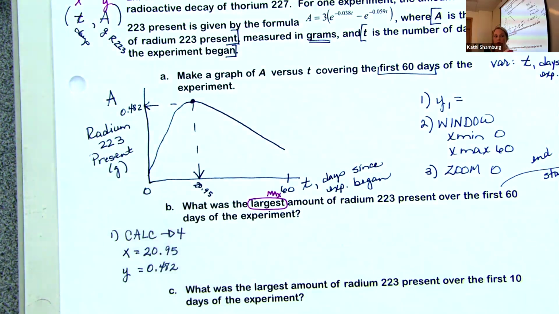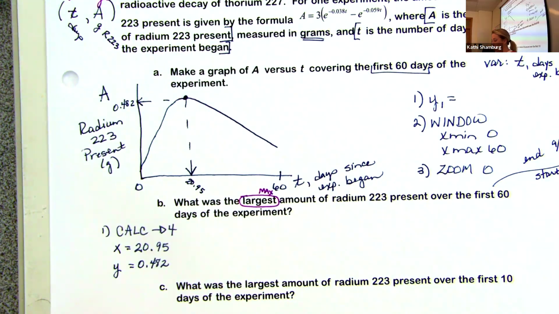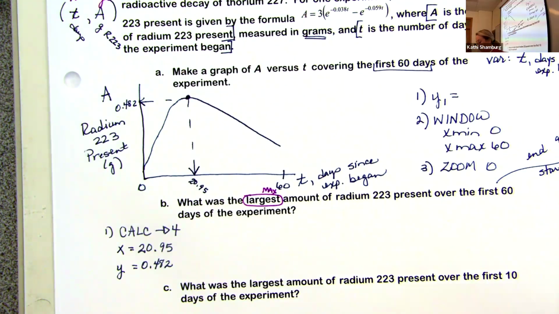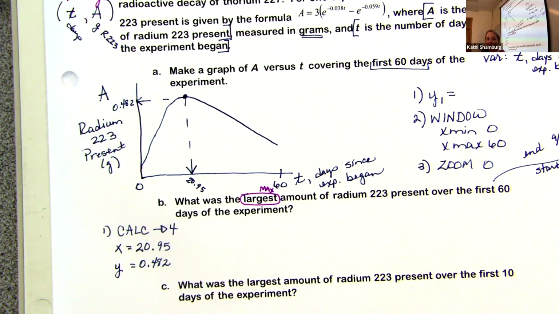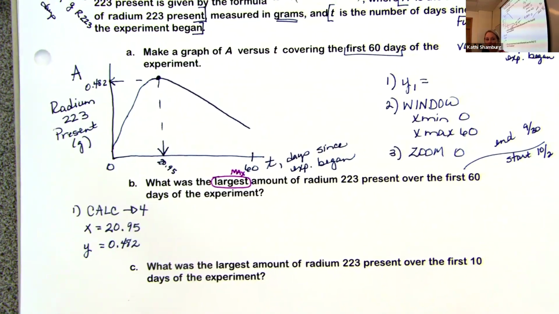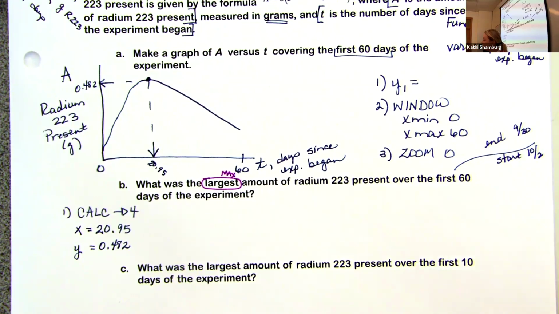That's what that ordered pair gives us. X and Y is what we refer to when we're talking about the calculator, but in this particular problem, it's not X and Y, it's A and T.